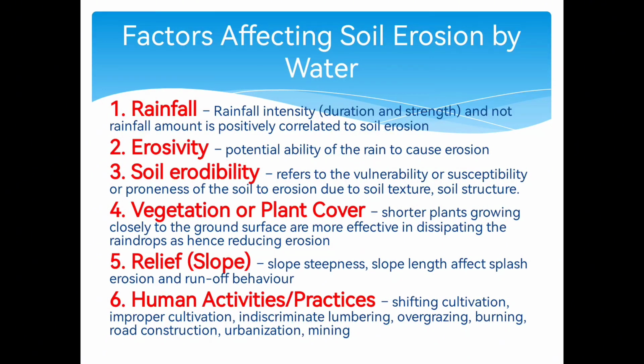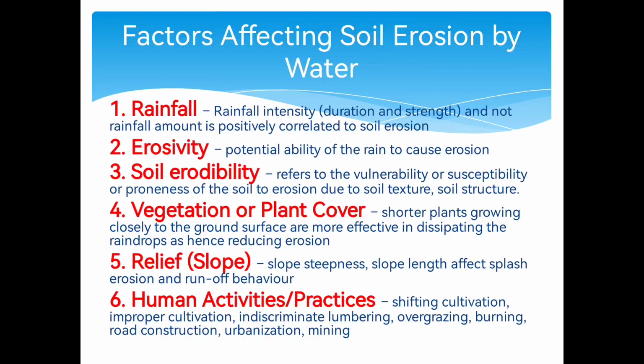Bakit? Kasi once na yung rain ay nagfo-fall dun sa punong kahoy, and then yung tubig na yun ay magfo-fall ngayon sa lupa, medyo mataas yung distance niya. So yung kinetic energy ngayon ng rainfall is malakas pa rin.